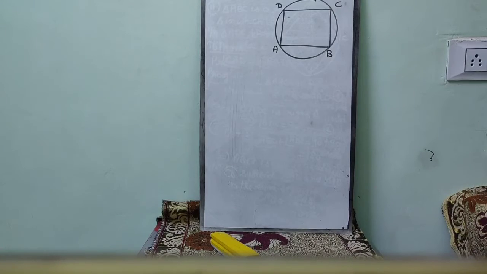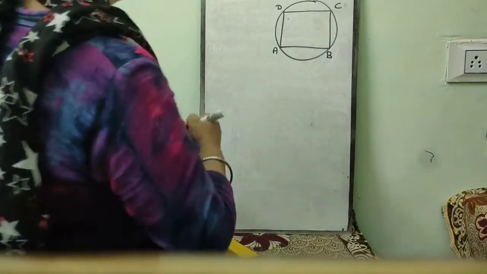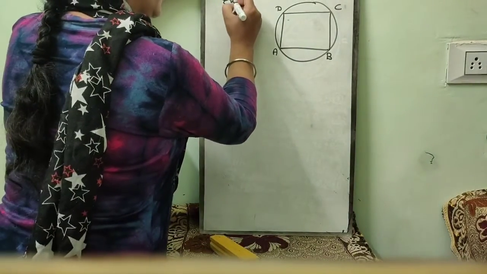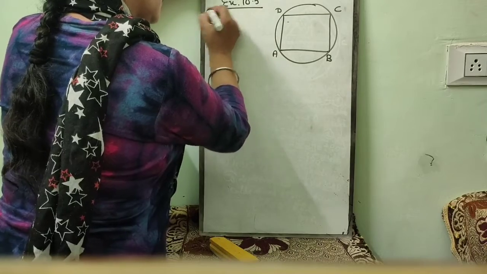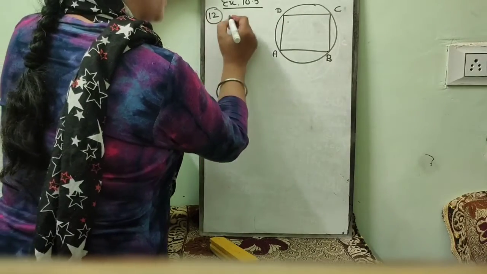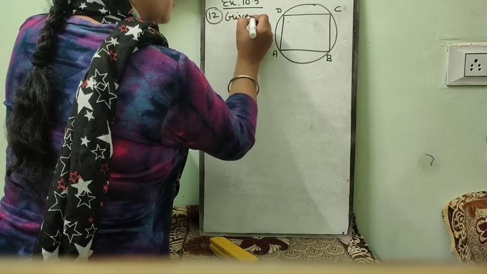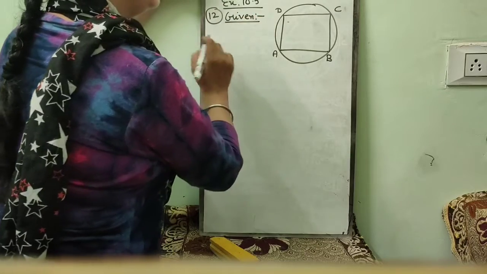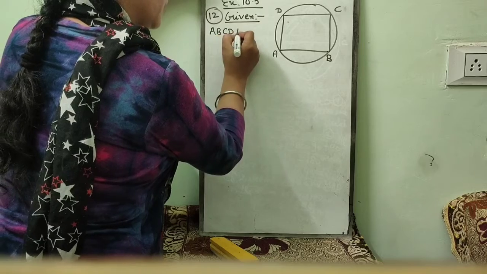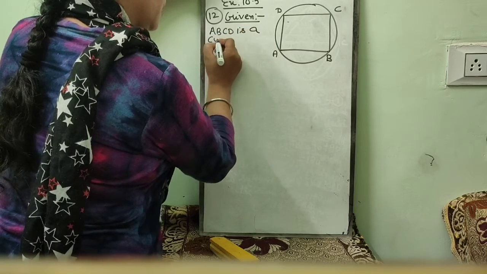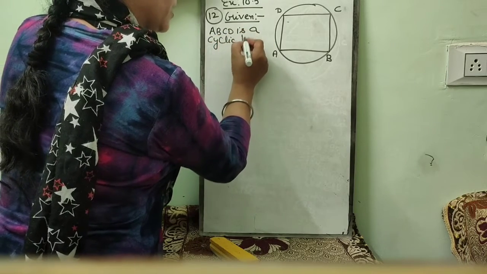Yes students, now I am going to start with the last sum of exercise 10.5. Sum number 12. In this sum, given is ABCD is a cyclic parallelogram.